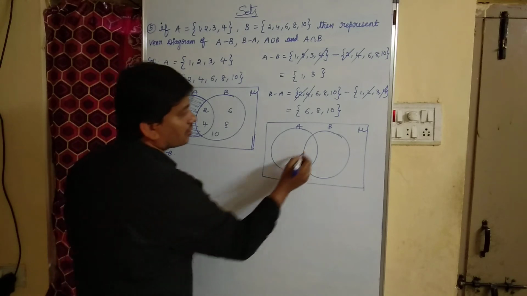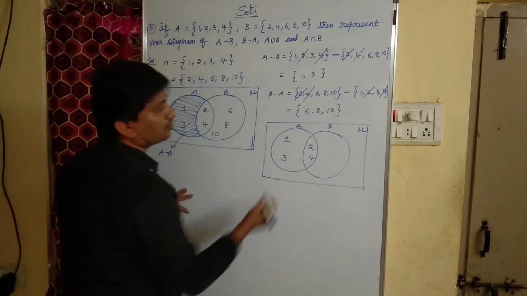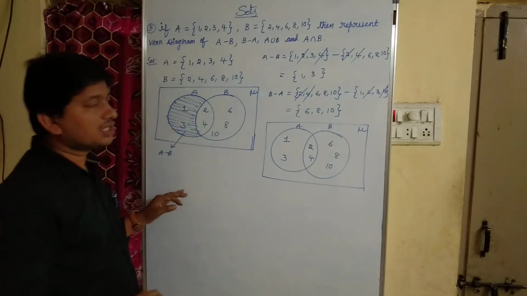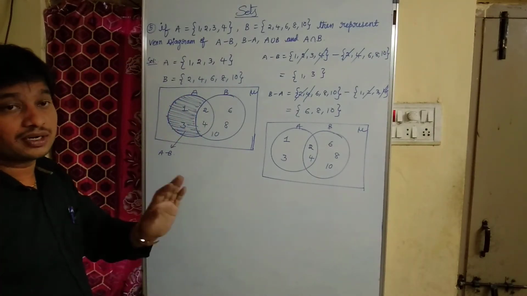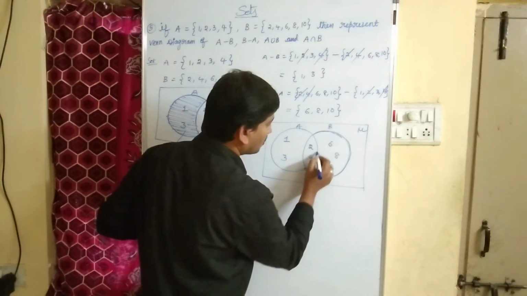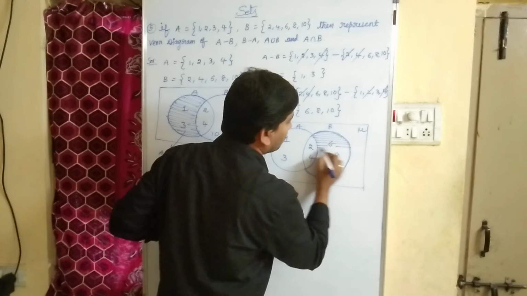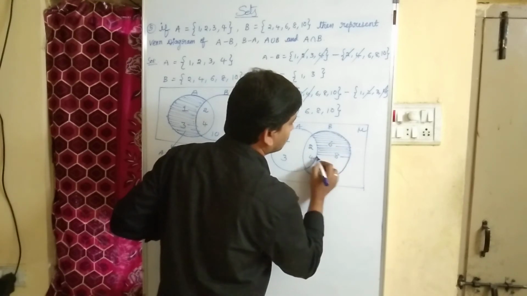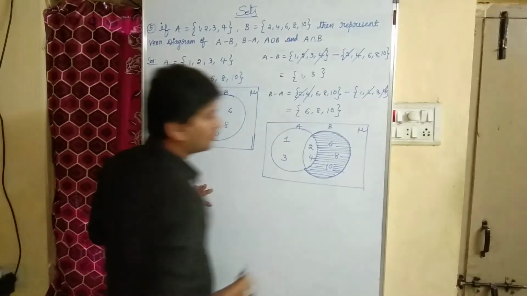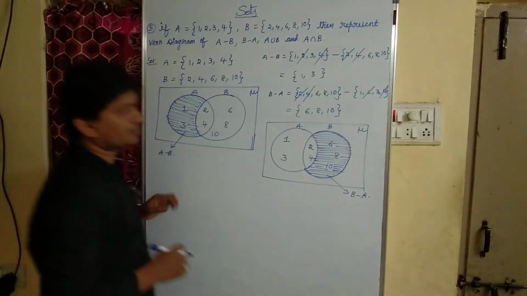The common elements are 2 and 4. Elements of A are 1, 2, 3, 4. Elements of B are 2, 4, 6, 8, 10. Can you tell me what B minus A means? Only elements which are there in B but not in A. B minus A means this part. Only elements in B. This part indicates our B minus A.